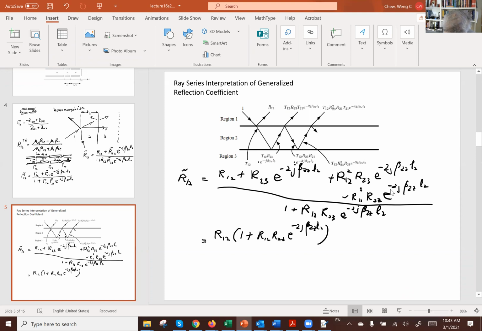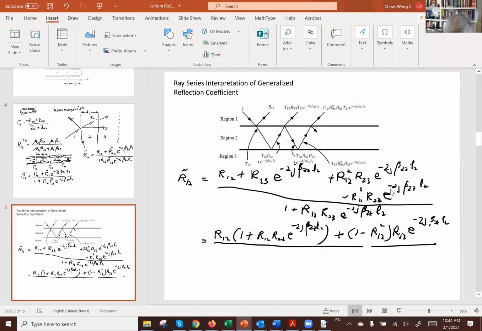And then what is left behind is, I don't know if you can see that, it will be 1 minus R12 squared, R23 e to the minus 2j beta 2z L2, divided by the denominator. Can you see it?